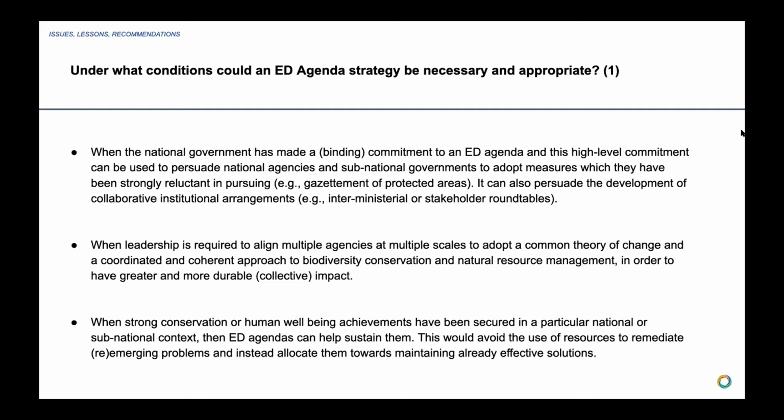So an example would be when you need maybe the forestry and the agricultural sectors to work together on managing agroforestry concessions. That's where they interact, but they may have different conceptions of what agroforestry is. So you can place yourself in a leadership position for that using an agenda.